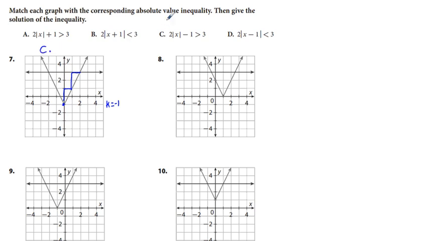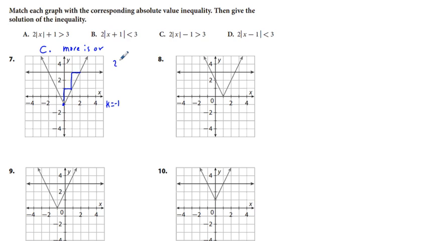And it says then give the solution of the inequality. Well, that's going to be greater than 3, so that's going to be above. So this is going to be an or.